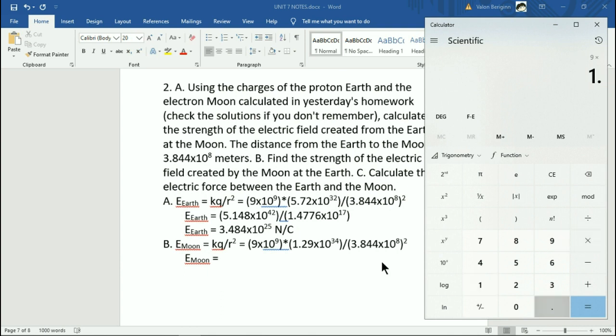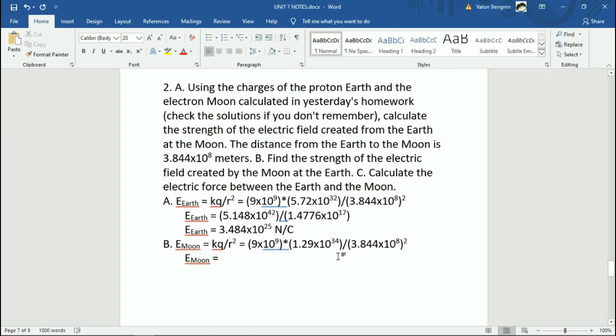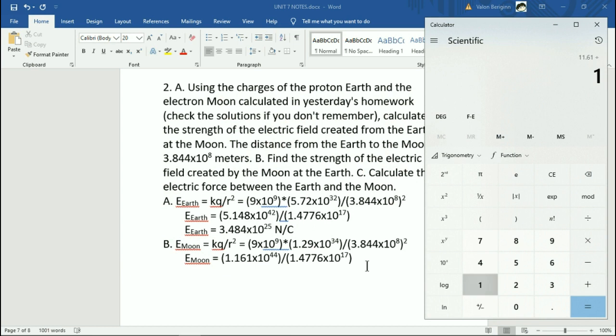So 9 times 1.29 gives you 11.61 times 10 to the 9 plus 34 gives you 43. However, again, we have to move the decimal over, so this becomes 44, divided by that squared, which is the same, 1.47 times 10 to the 17. So we have that divided by 1.4776. It's not a great number.